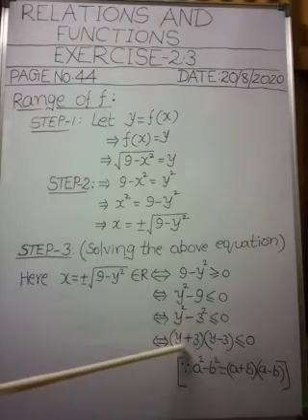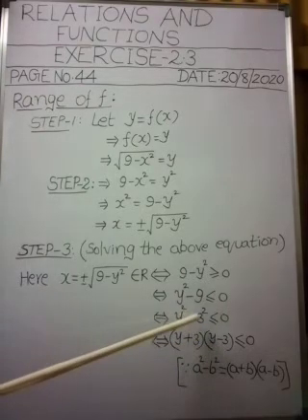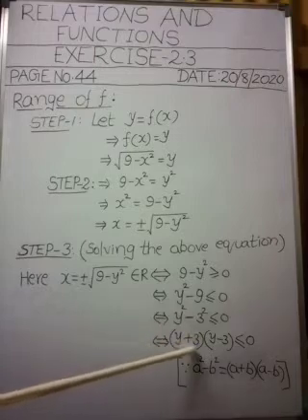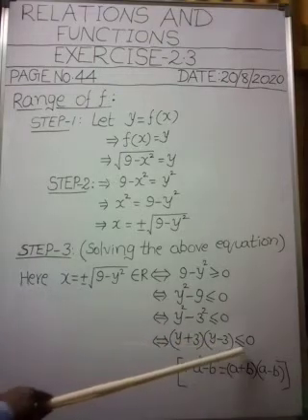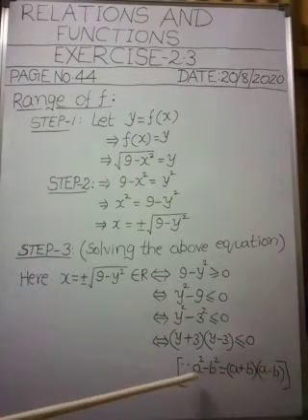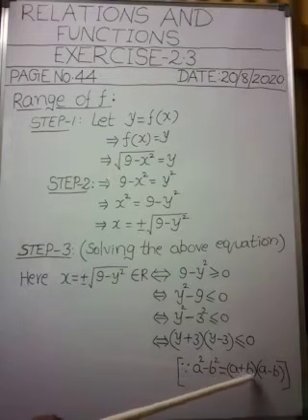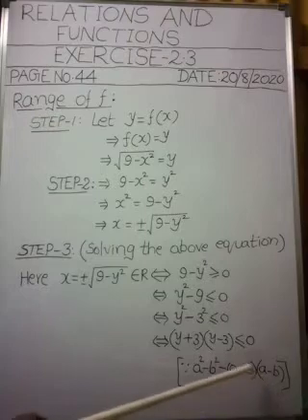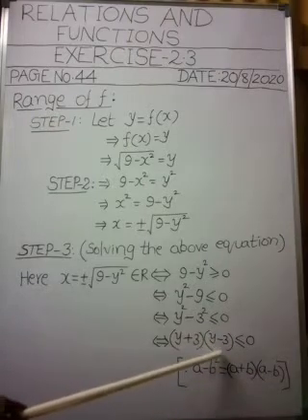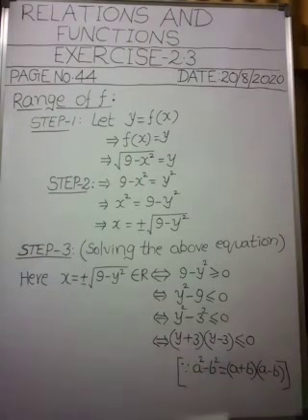So I wrote the factors of this quadratic polynomial: y plus 3 into y minus 3 is less than or equal to 0, because a square minus b square is equal to a plus b into a minus b. We are using this algebraic identity in this step. Understood this step, my dear children?